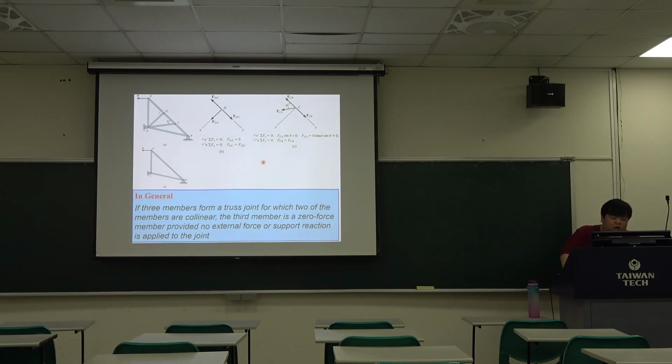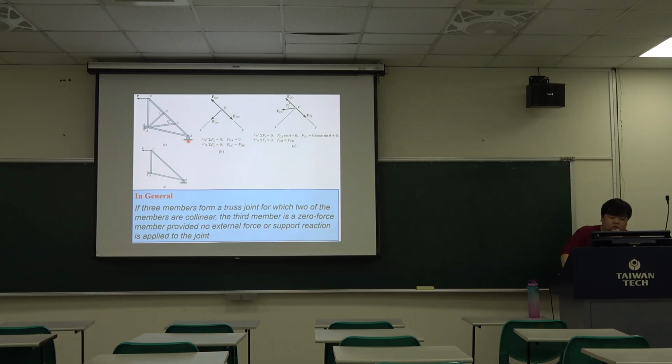So in general, if three members form a truss joint for which two of the members are collinear, the third member is a zero force member, provided no external force or support reaction is applied to the joint.